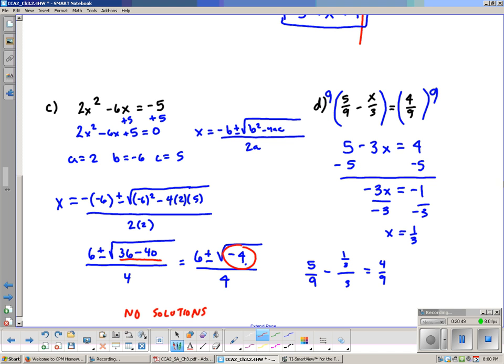If we multiply it by 3/3, remember that's the same thing as 1. 3 times 3 is going to give us 9. And 3 times 1/3 gives us 1. So what we're really looking at is 5/9 minus 1/9. We get 4/9, which we know is a true statement there.